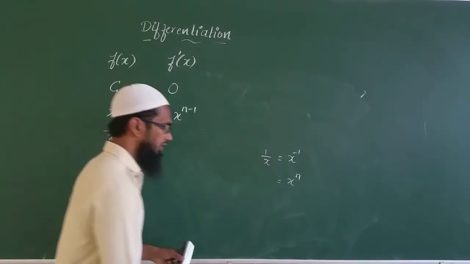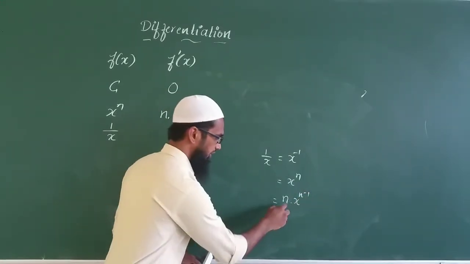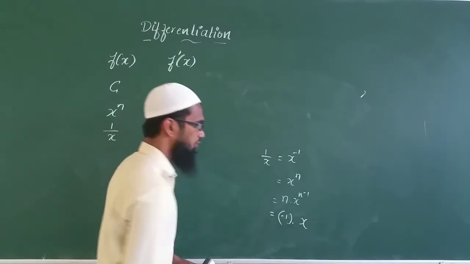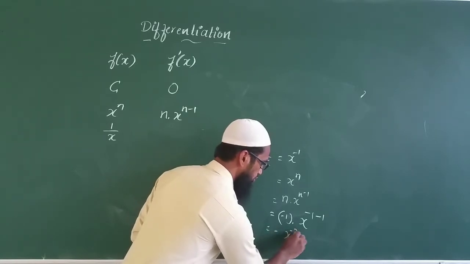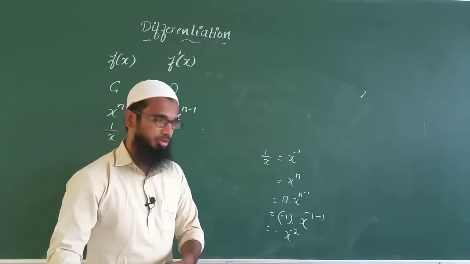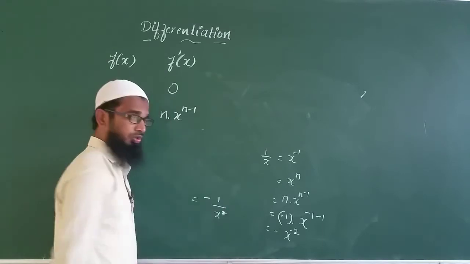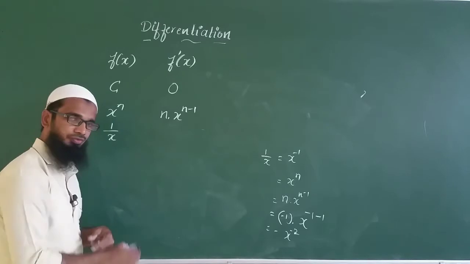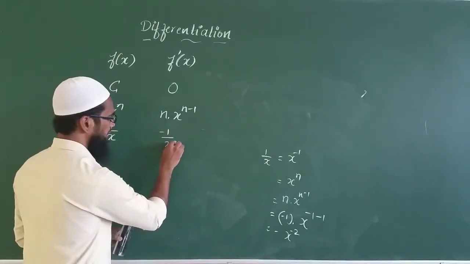The solution is n into x to the power n minus 1, so I substitute n as minus 1. x will be the same, and n means minus 1, so we get minus x to the power minus 2. I can take this power of x to the power minus 2 into the denominator, so I get minus 1 over x square. Finally we can conclude that the differentiation of 1 over x is minus 1 over x square.